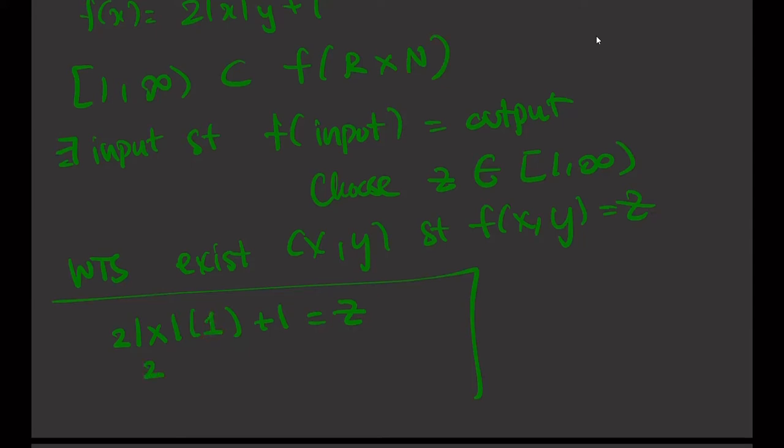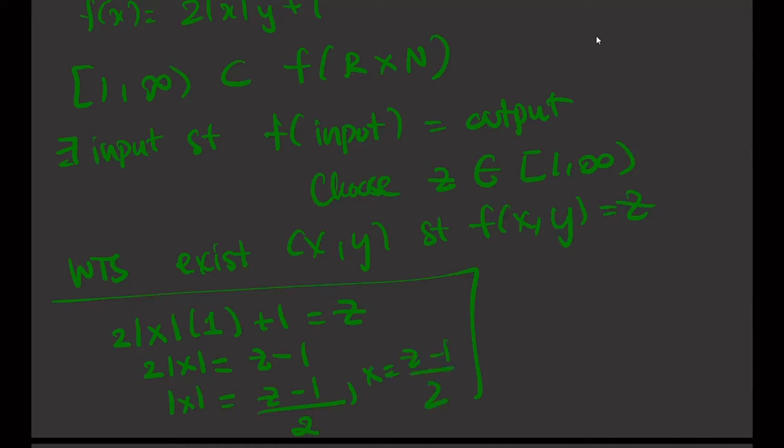And then I would have 2 times absolute value of x equal to z minus 1. And absolute value of x equals (z minus 1)/2, then you can pick x equals (z minus 1)/2.